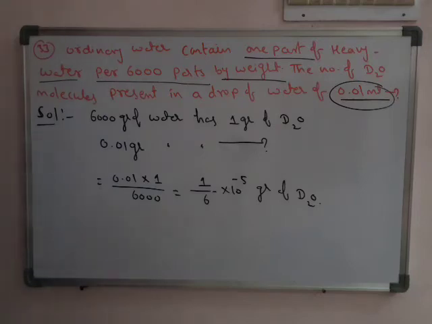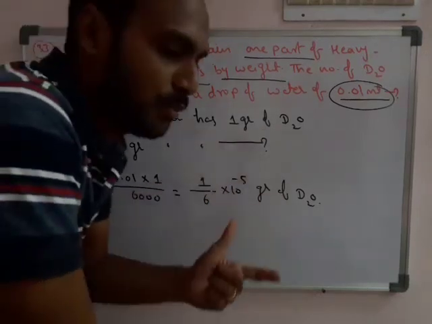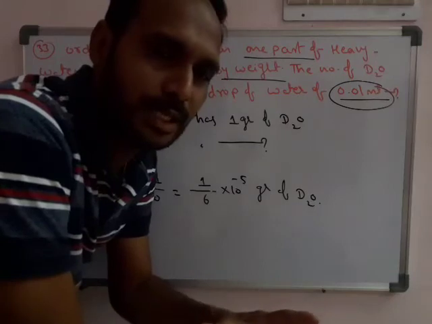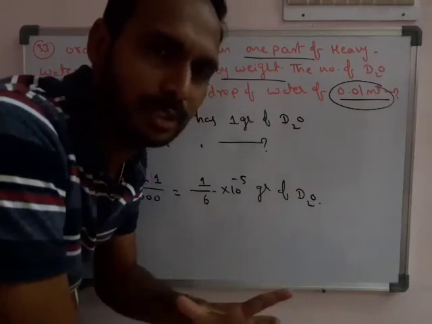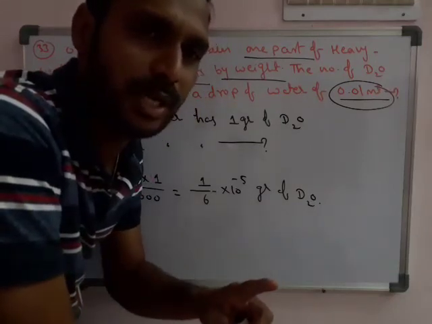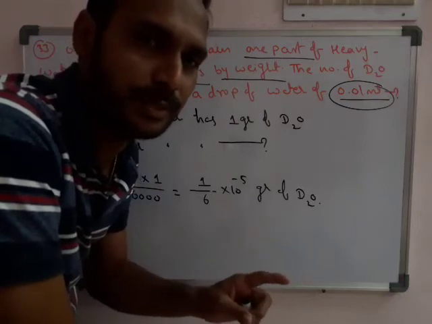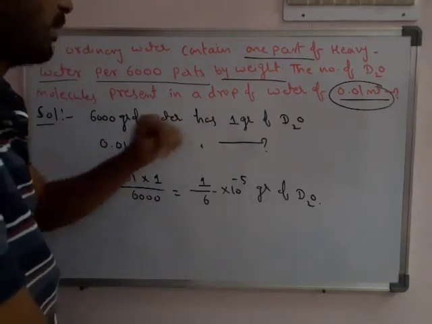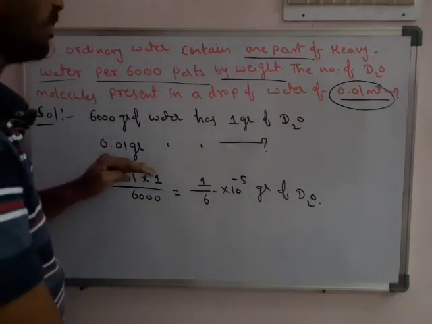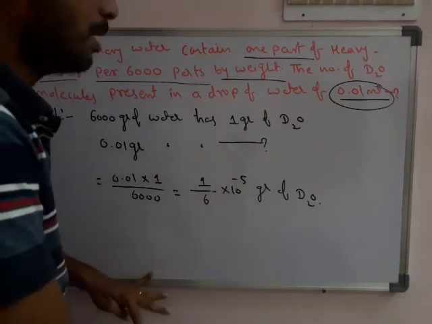So 0.01 ml is taken directly as 0.01 grams, and there are no more conversions. 6000 grams has 1 gram of D2O, so how much D2O is present in 0.01 gram? But it is not completed.